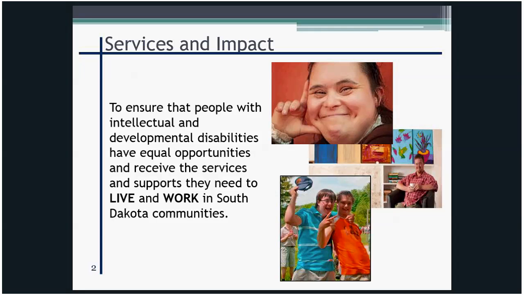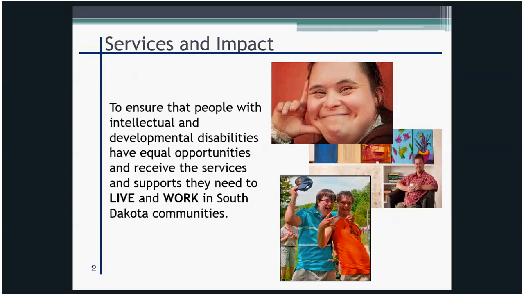Those kinds of conditions, we generally see a low IQ score and deficits in activities of daily living, and so that population is also a group of individuals that we support.